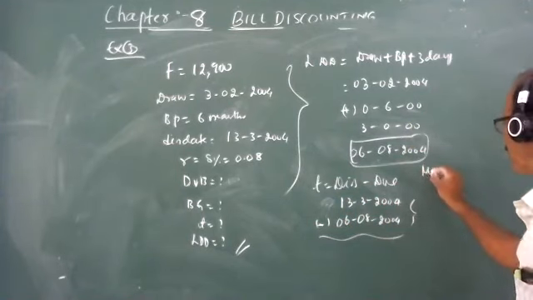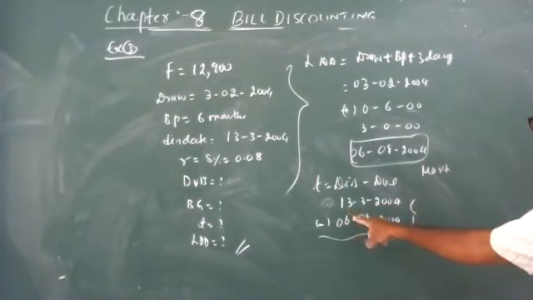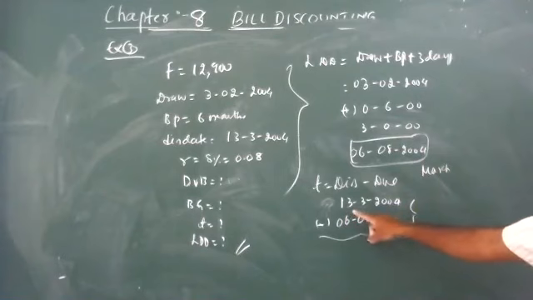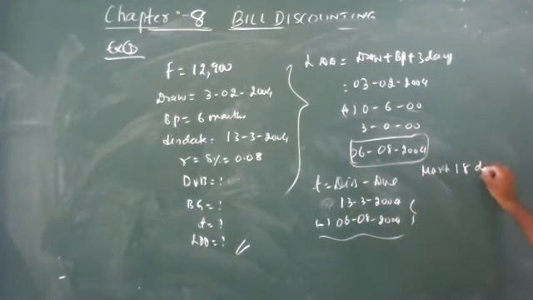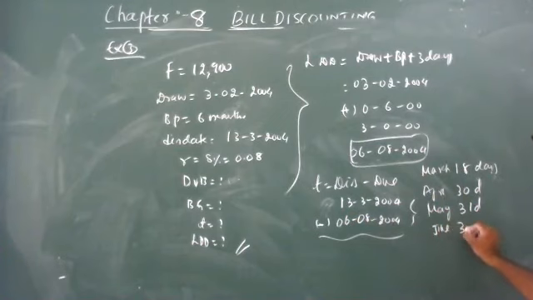March, how many days remaining here? March has 31 days, so 13 over, 18 days remaining. April will be 30 days, May 31 days, June 30 days, July 31 days.